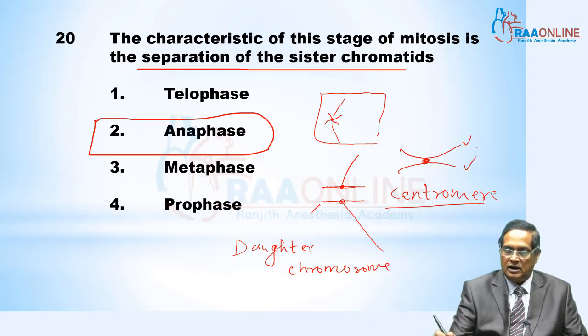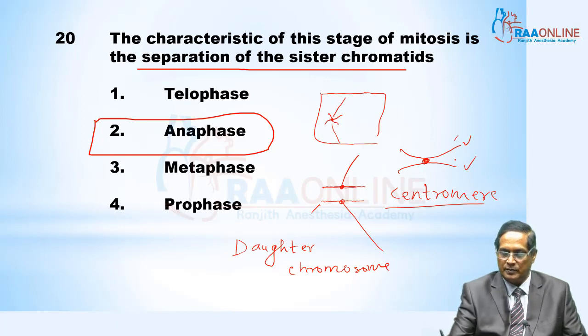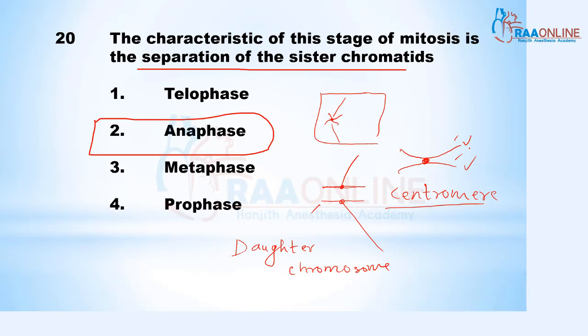When they are joined together by means of the centromere, they are called sister chromatids. But after separation, each one has the status of a chromosome. And this is all seen in anaphase stage.